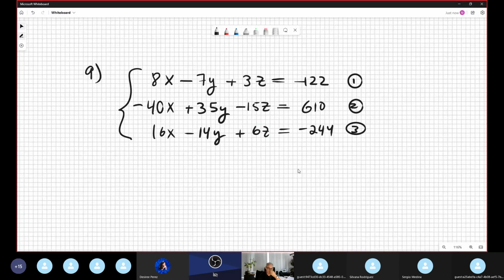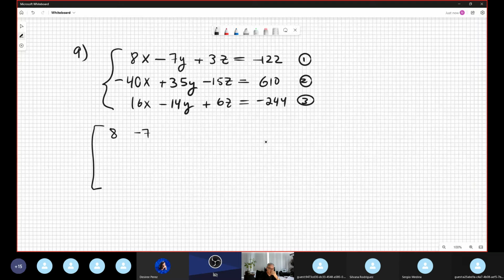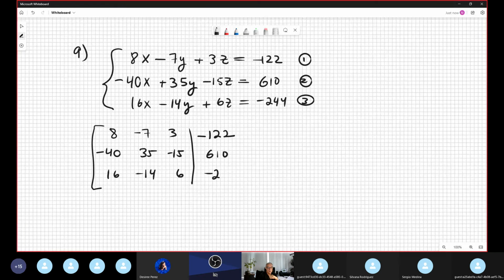Only I set up the matrix ready to put in the computer. A negative 7, 3, negative 122, minus 40, 35, minus 15, 16, 60, negative 14, 6, and negative 244.